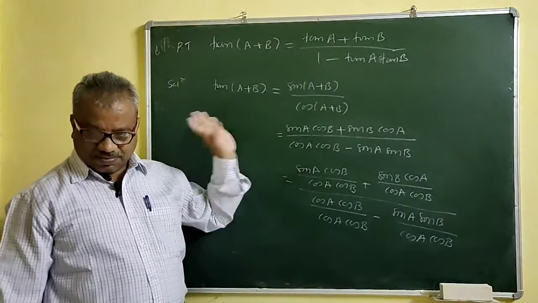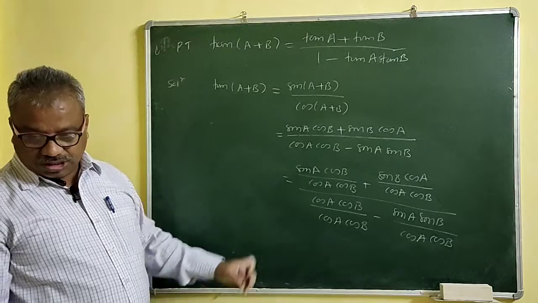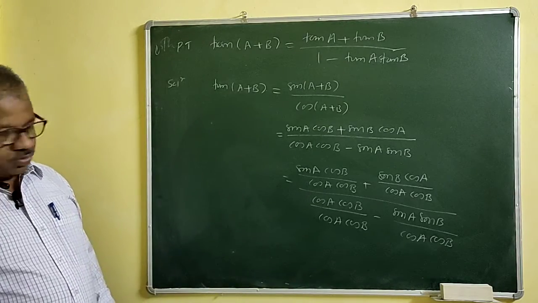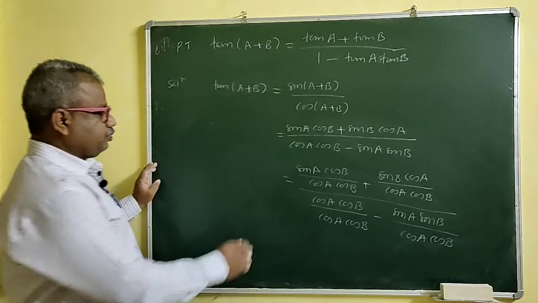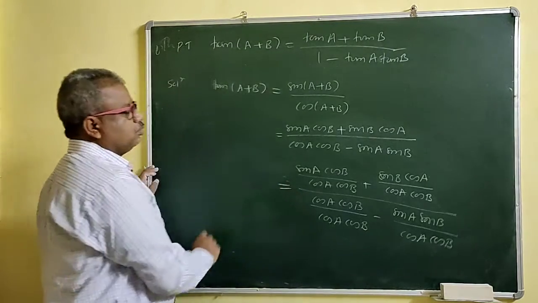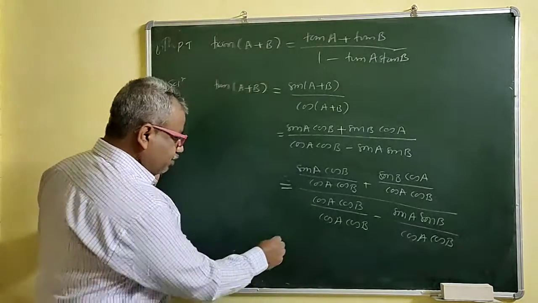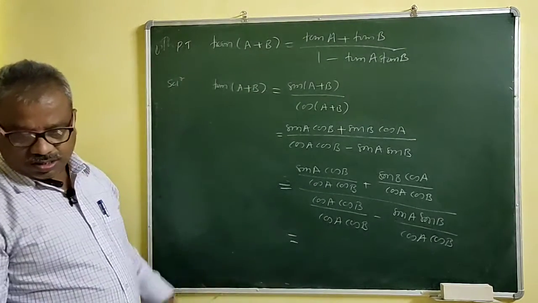So this ratio will be the same now because we are dividing each term of the numerator and denominator by the same number. Okay, now see what we get then, right?